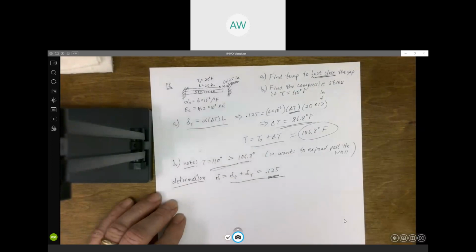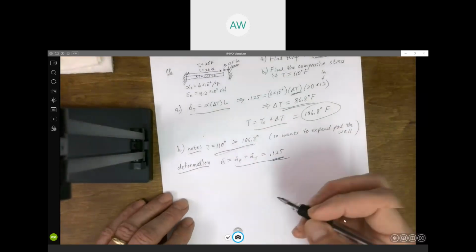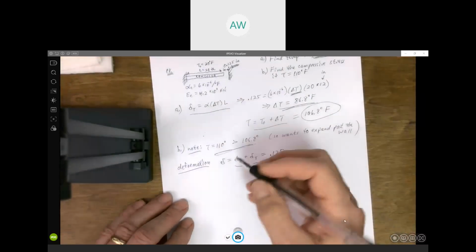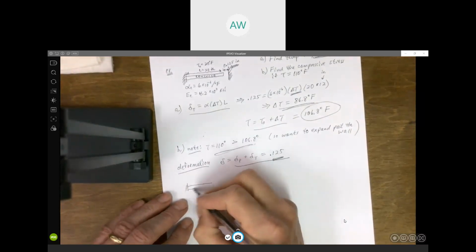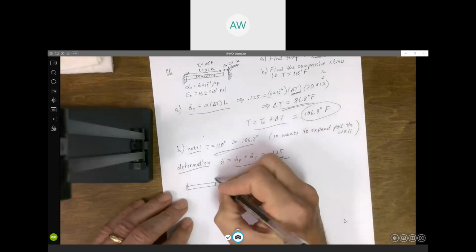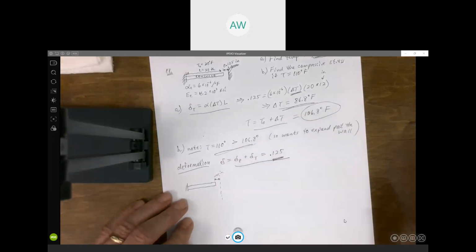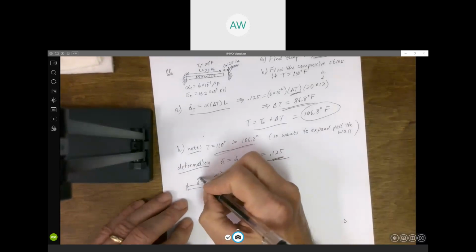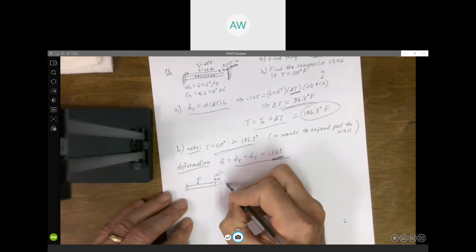Now, I don't know, this might help visualize what's actually happening. If you had this concrete here, and there was no wall actually there, when we apply this temperature change, this thing wants to go out past where the wall is.